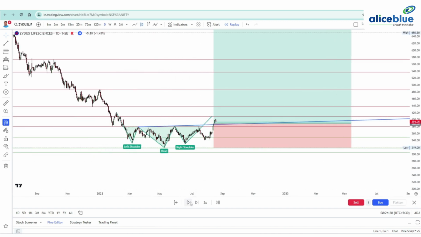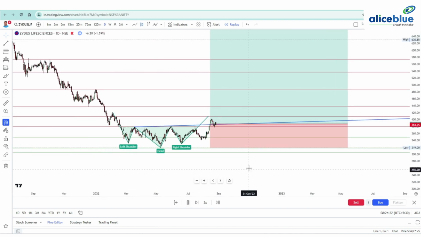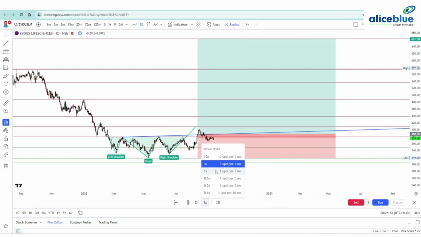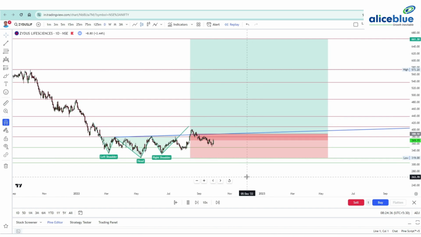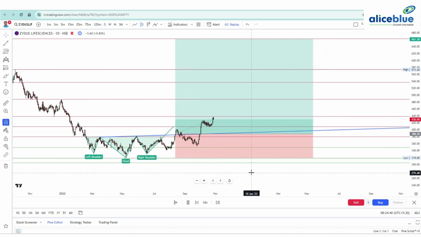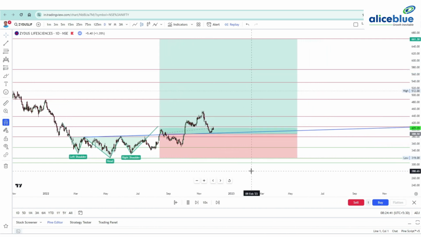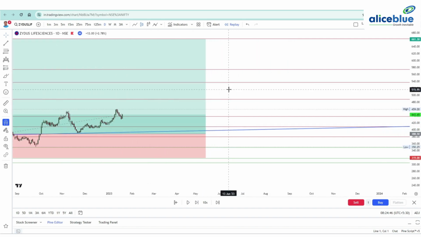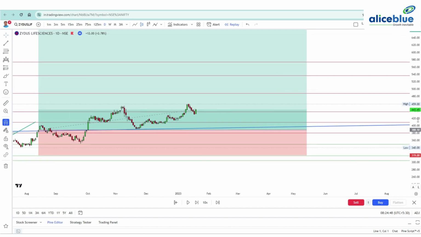Now let's see. So now price is in a consolidation phase, completely in a consolidation phase. Now it has achieved the second target, and you can see here how the neckline acts as a support.